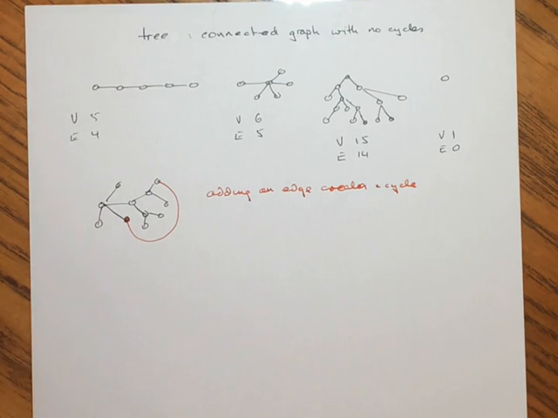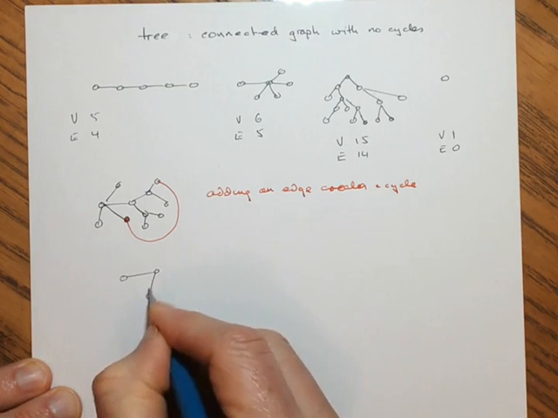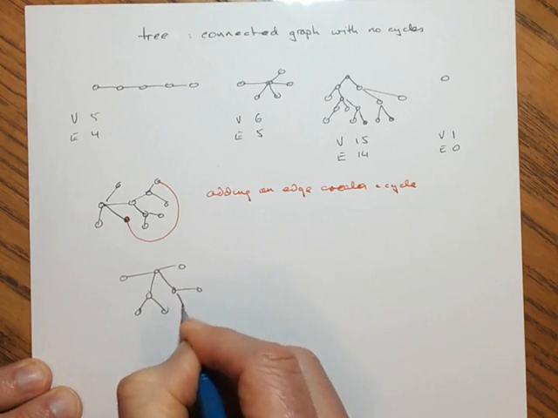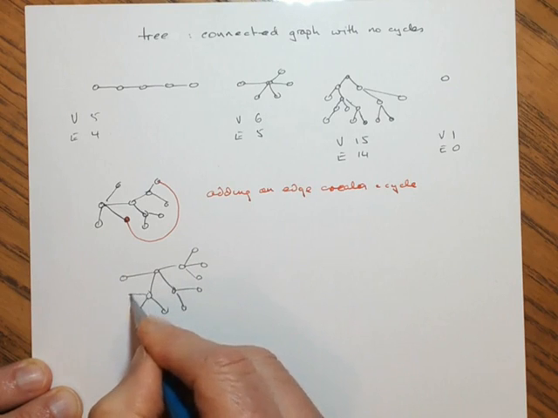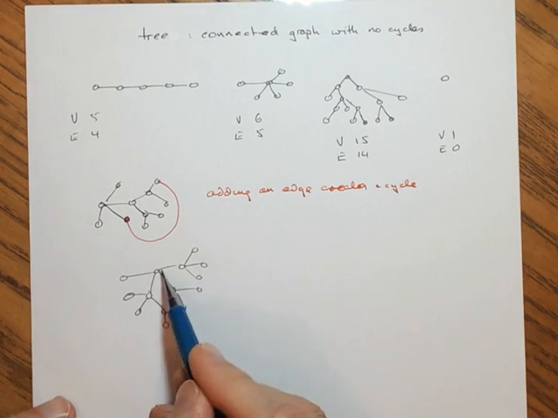Another characterization is, I'll do this in pencil because I want to erase something. Suppose I take another tree. That, so that goes off there. Let's put another one in for good measure. Another characteristic of a tree is that if I remove an edge, then it breaks it into two pieces. So let's choose an edge. Let's choose this one.